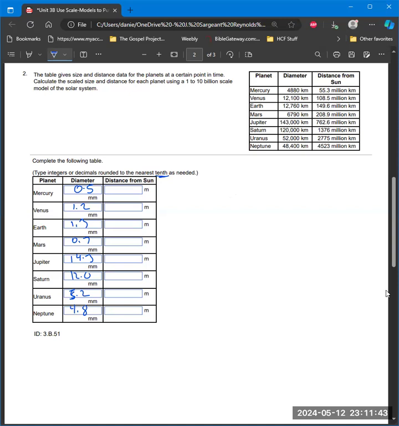Now, distance from the sun, we're going to start with 55.3 times 10 to the 6th, and this is times 10 to the 3rd, which is 10 to the 9th, and we are dividing by 10 to the 10th.